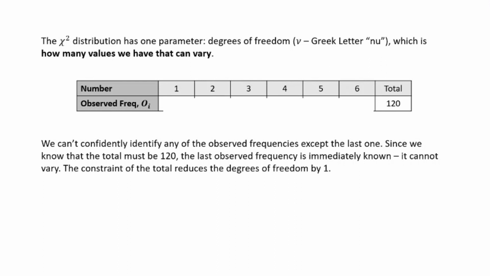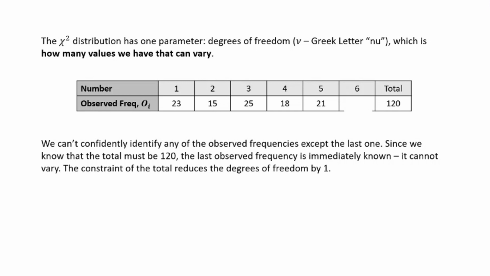Knowing the total wouldn't give me any indication what the first observed frequency would be, nor the second or the third or the fourth or the fifth. But when I do know those first five and there's only the last observed value left, I know exactly what it's going to be.